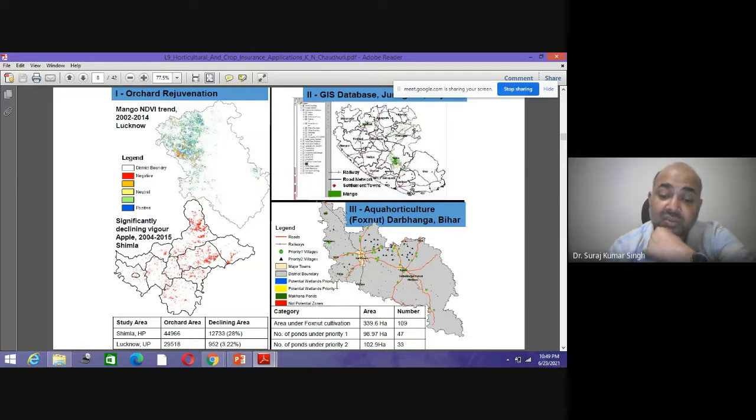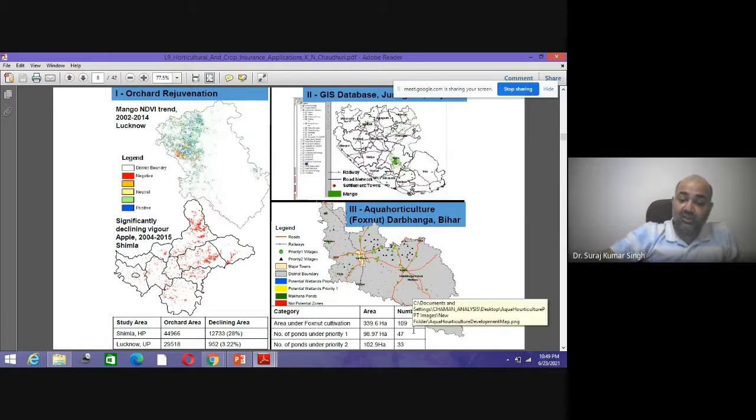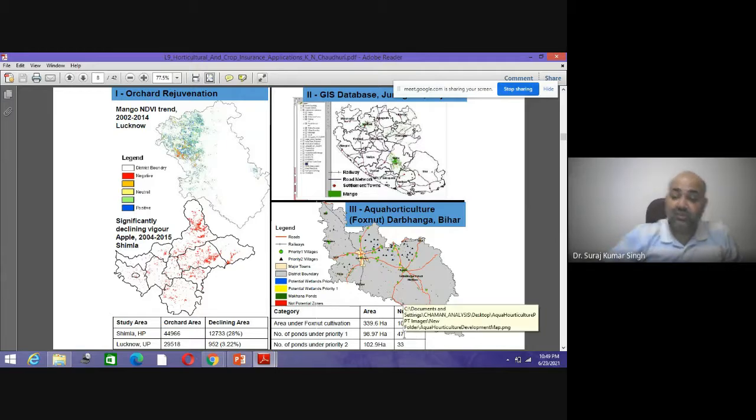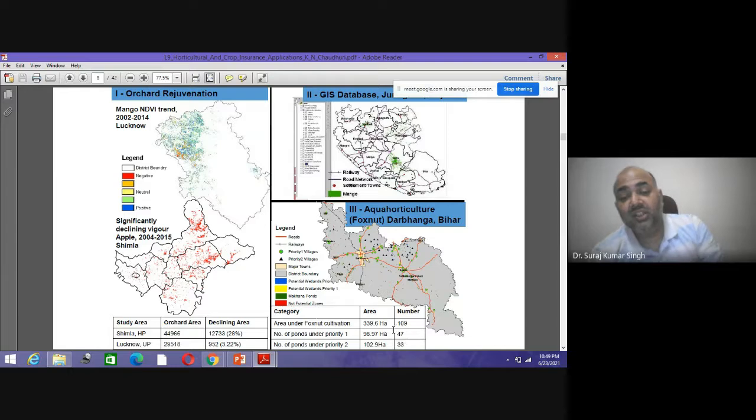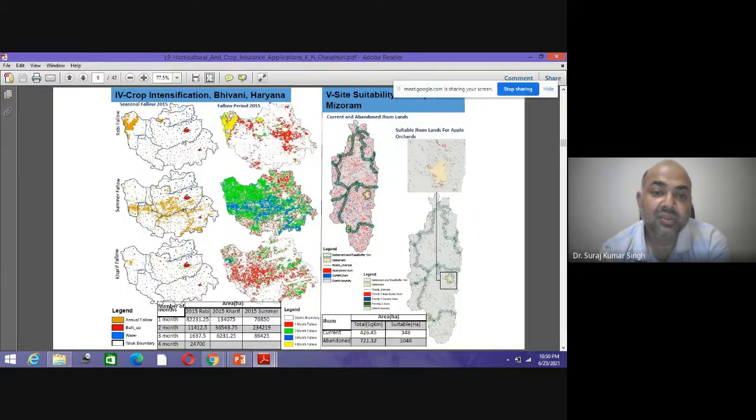Potential wetlands priority, which are the areas which are having the potential land priority. Then the non-potential zones, then Makhana ponds. So all such real-time information can be calculated, and area estimation, and the total number of ponds that has to be constructed in priority one and two, and the geogenesis can be calculated using remote sensing and GIS techniques.